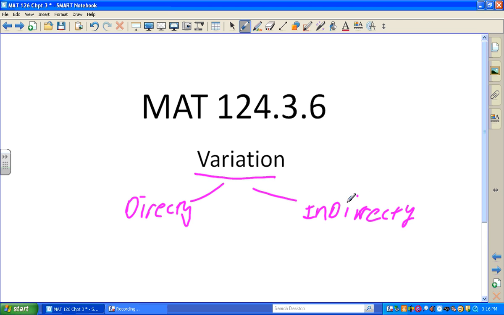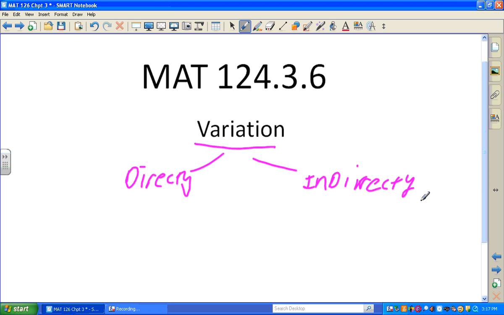Some people will say directly and indirectly, proportionally, inversely. Inverse is another word. Proportional is another word. But you get the idea that there's a couple ways variation works.